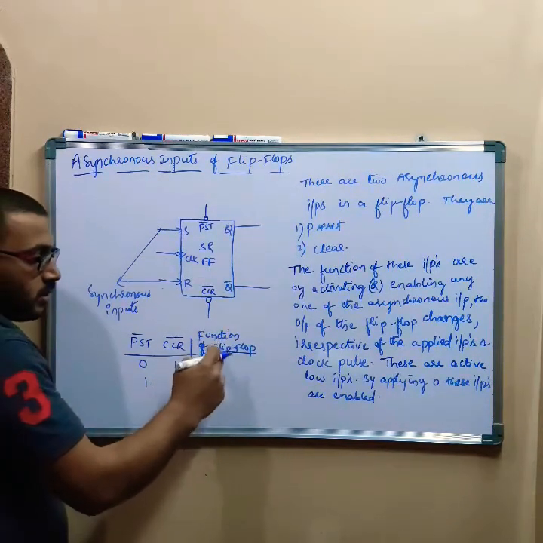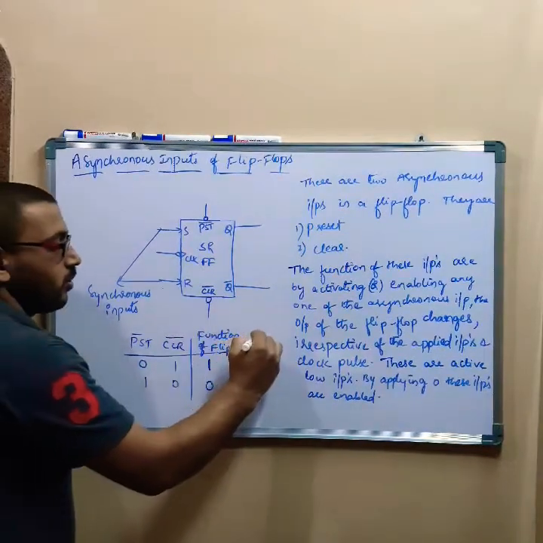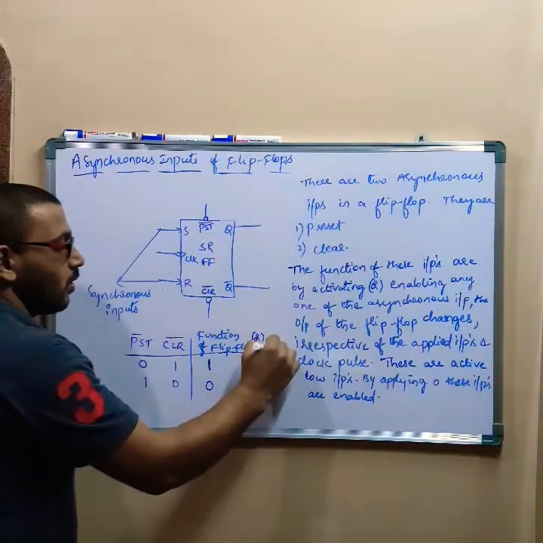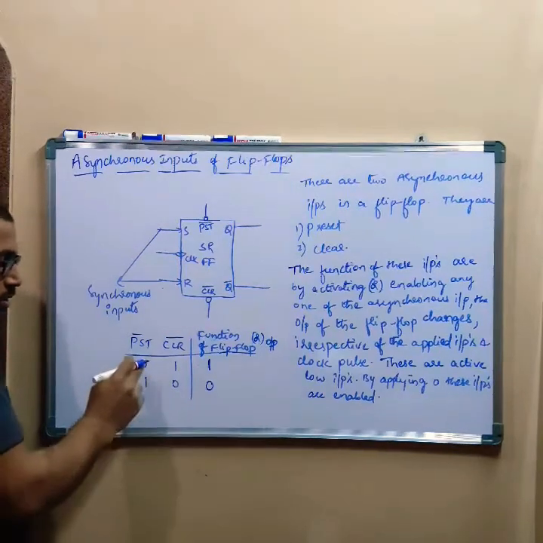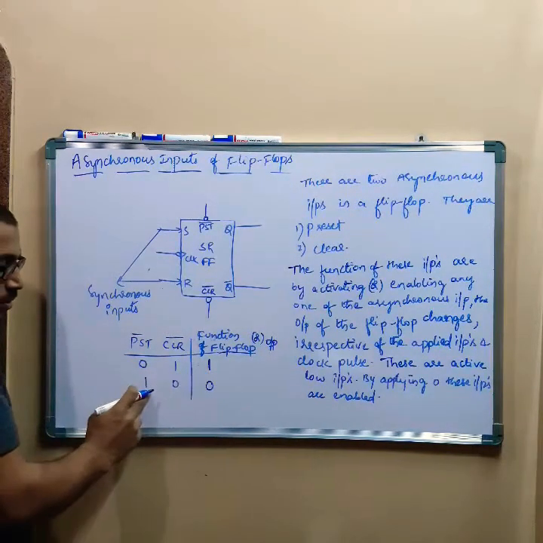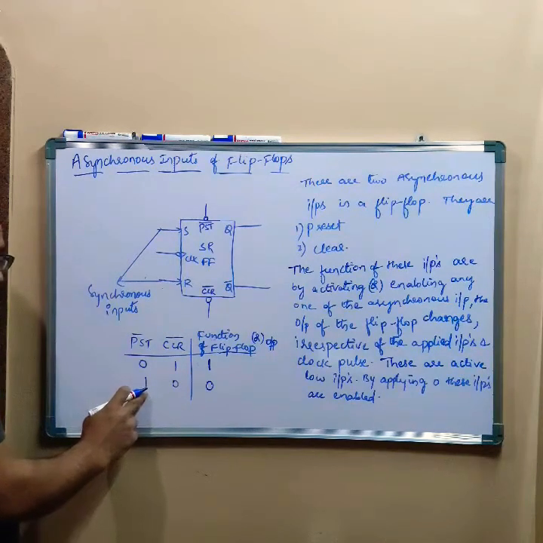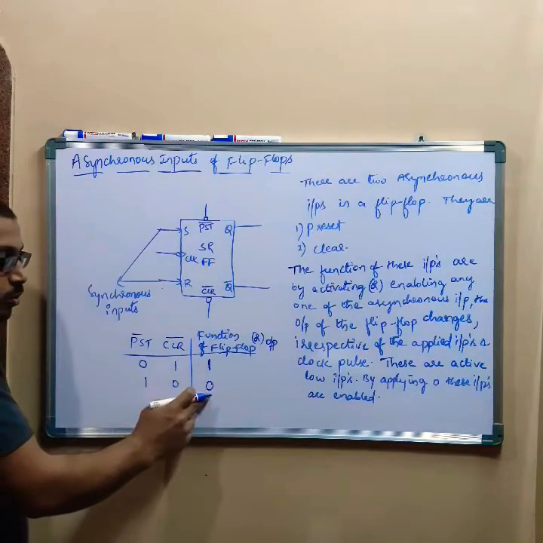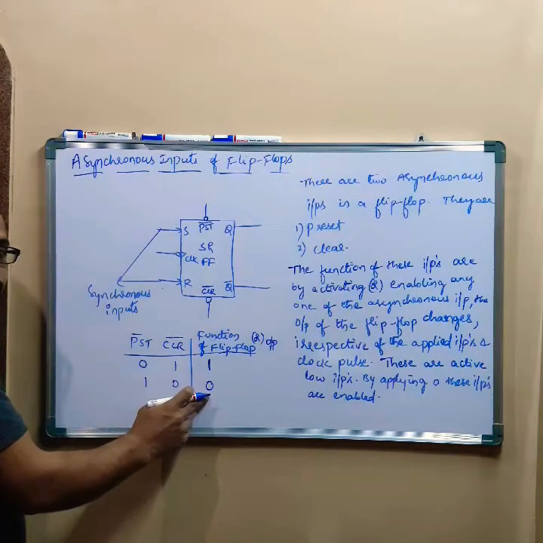You can consider this column as the function or output of the flip-flop. Next, when you activate the clear input by disabling the preset, the output of the flip-flop is continuously 0.